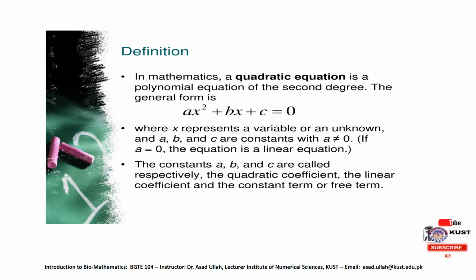Here x is the variable, where a, b and c are called constants. The coefficient of x square, that is a, should not be equal to 0. If a is equal to 0, this equation becomes bx plus c is equal to 0, which is no more quadratic.